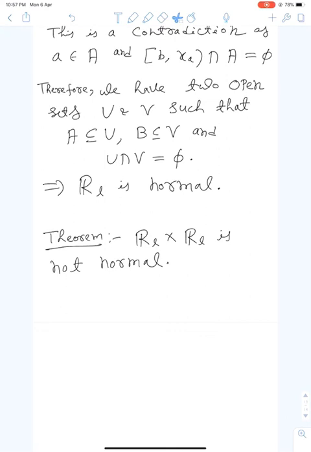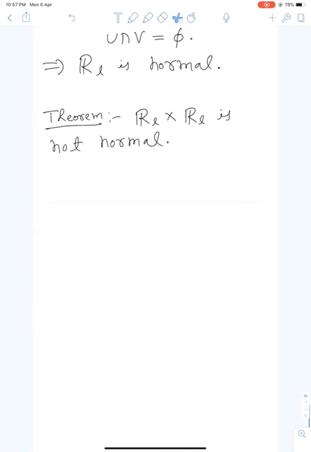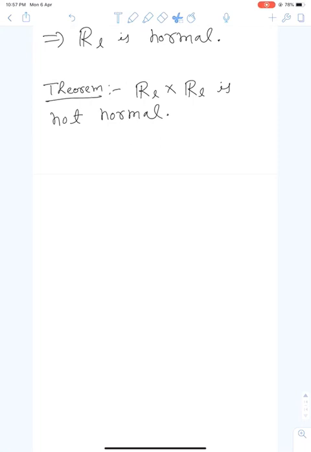So I am planning to do the Urysohn lemma first, and then by using that lemma I will prove this theorem. For the time being, just assume that R_l cross R_l is not normal. And if you know that, then it serves two purposes.